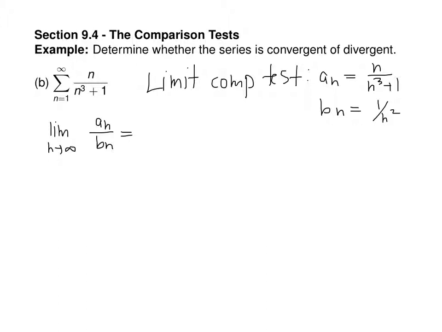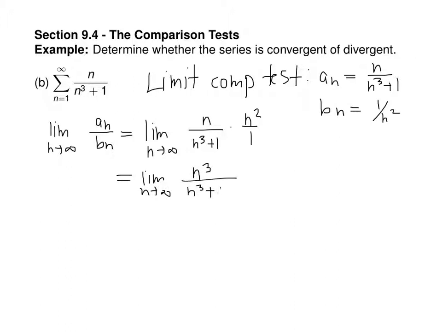So as the sum of b sub n's will converge, so will the sum of a sub n's. So that's the limit as n goes to infinity of n over n cubed plus 1 multiplied by n squared over 1. So that's the limit as n goes to infinity of n cubed over n cubed plus 1, which is 1.